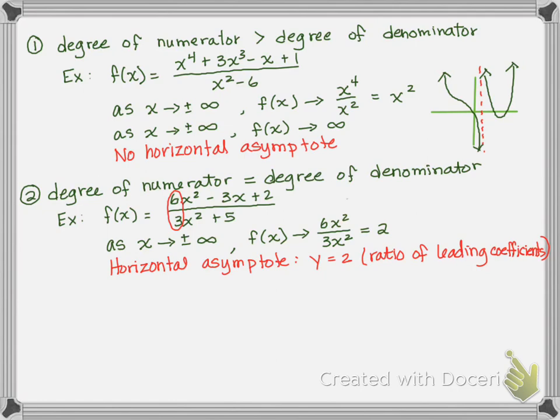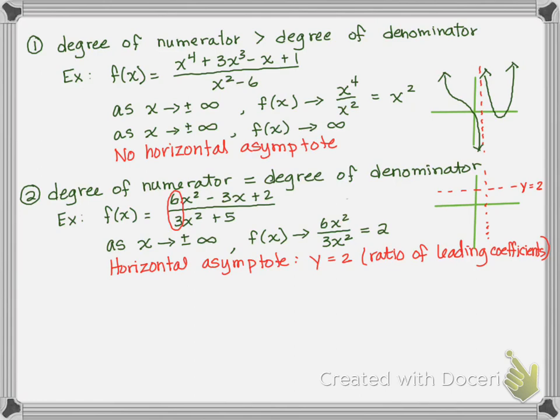So what that would look like on a graph is I'd have this horizontal asymptote right here where y is equal to 2. And I may or may not have a vertical asymptote somewhere.